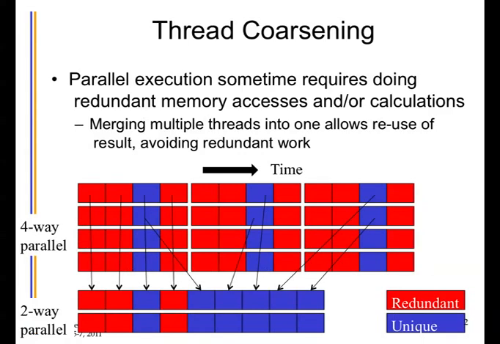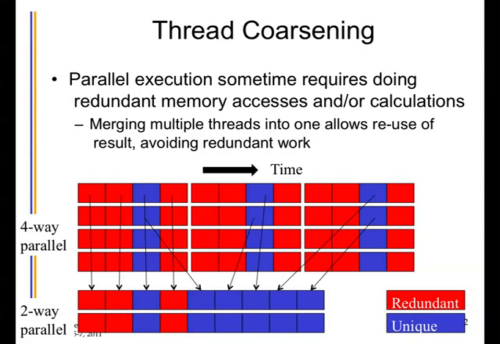So thread coarsening is really from the concept that when you do a very fine-grained decomposition of your computation, you would end up with these threads that are doing very little each.